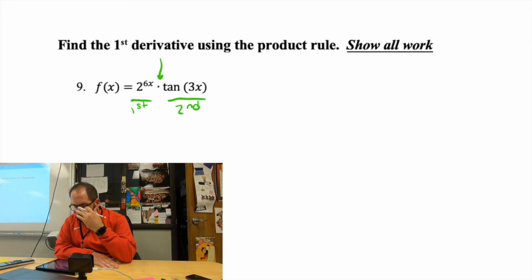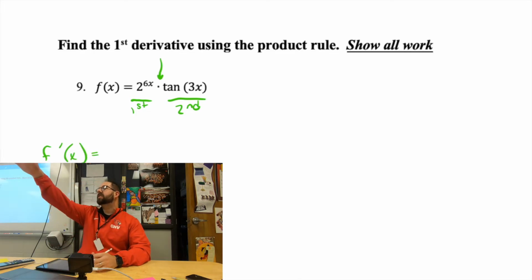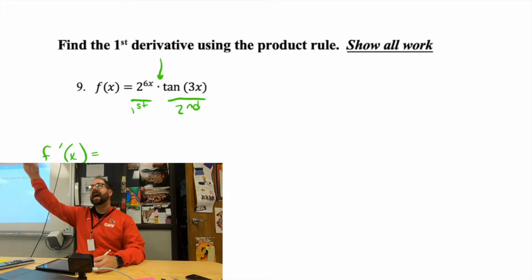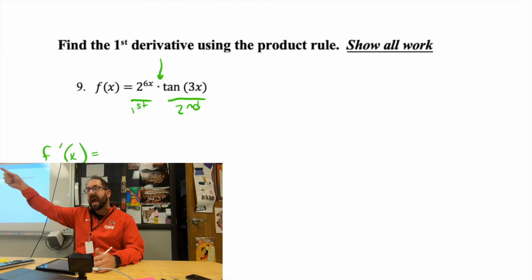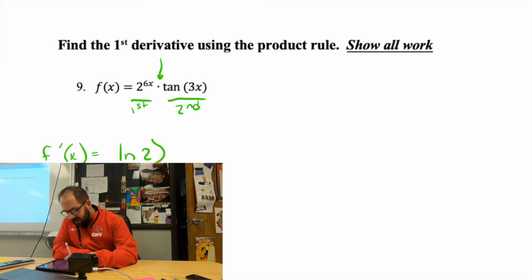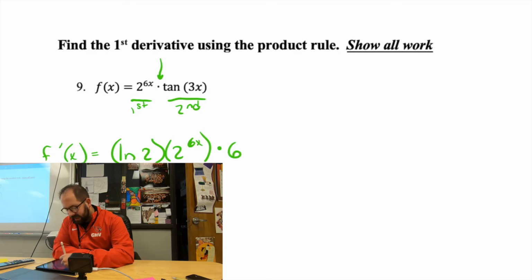Okay, so how do you do this? The derivative of the first. When we take the derivative first, this is the thing you were asking about. What happens when there's an x up in the power? It's 2 to the 6x, right? That's where you do the natural log of 2 times the original item times the derivative of what's in the power, which is the 6.